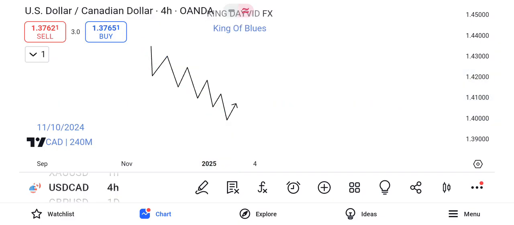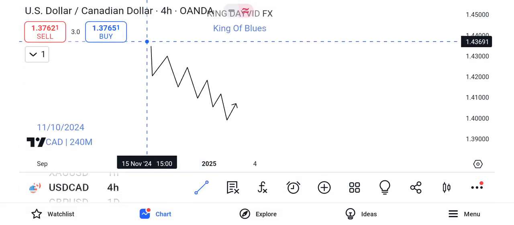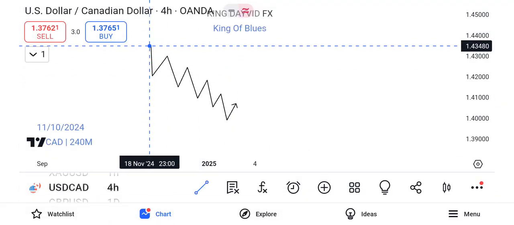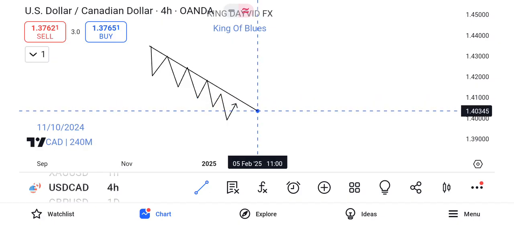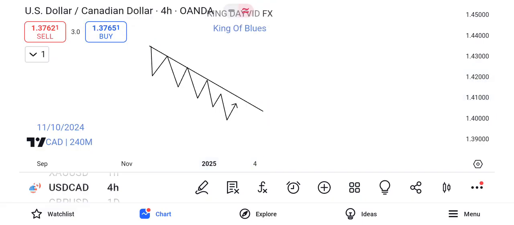This is the formation of a downtrend. Whenever you see price moving in this particular direction, this is a downtrend. Let me put the trend line so that you can see what I'm saying. You see that we are trending downward. This is the formation of a downtrend.